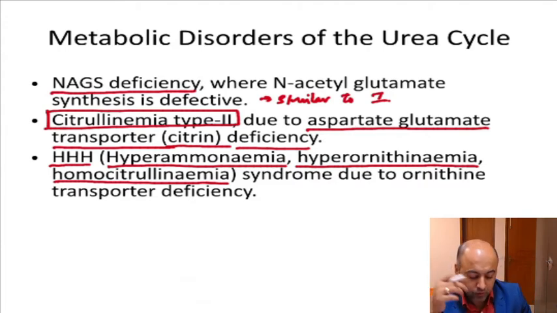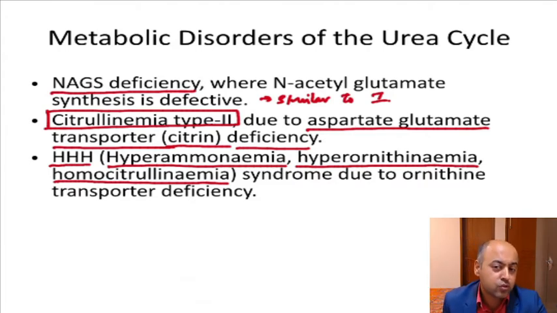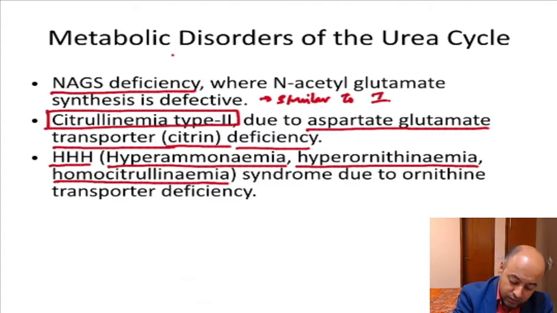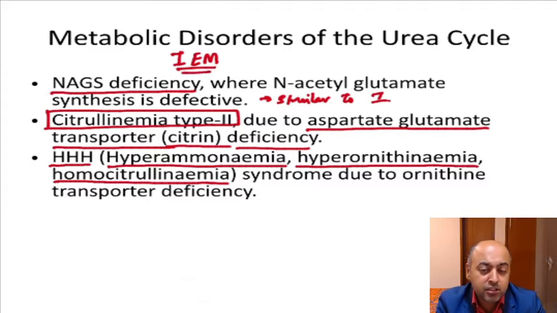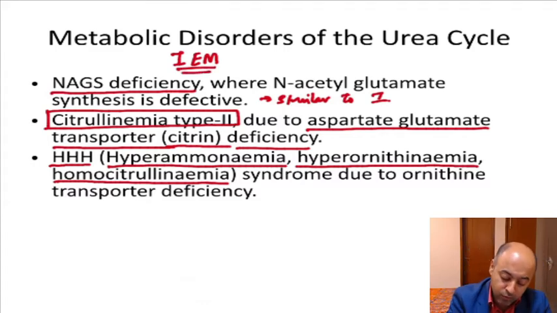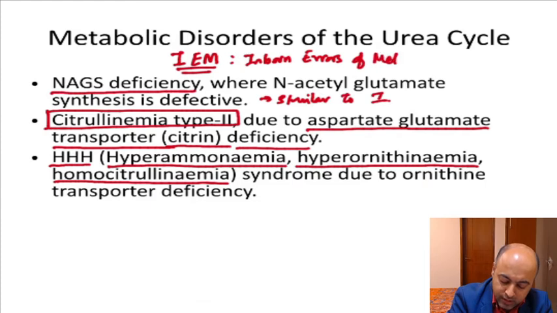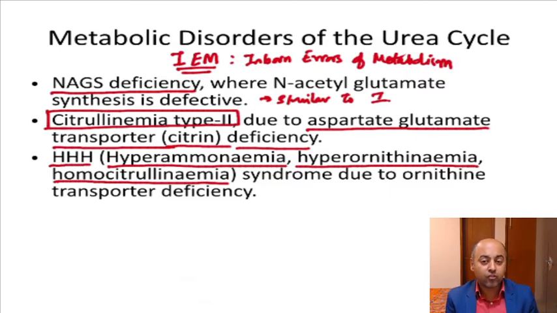So these are the 8 disorders associated with the urea cycle, and they are part of what we call IEM. I mentioned this in the Telegram group today also. IEM stands for inborn errors of metabolism. So urea cycle defects are part of the cluster called inborn errors of metabolism.